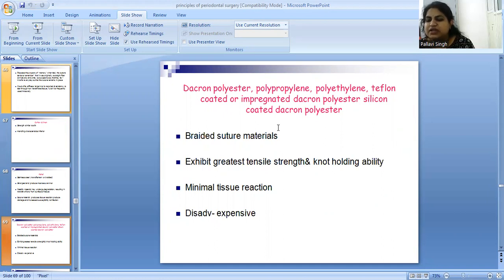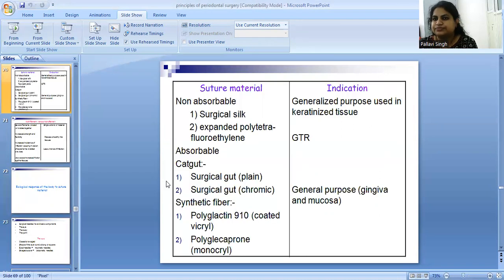They cause minimal tissue reaction, and the disadvantage is that they are very expensive. Next, we are going to discuss the indications of all the suture materials, which suture materials you can use in which area.